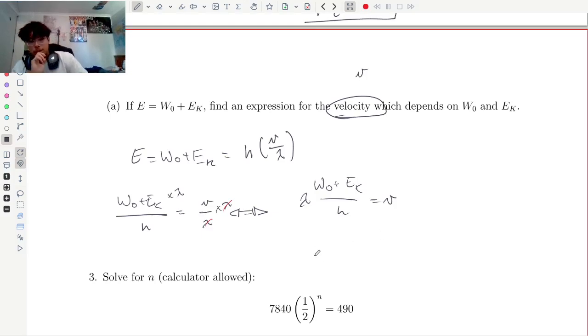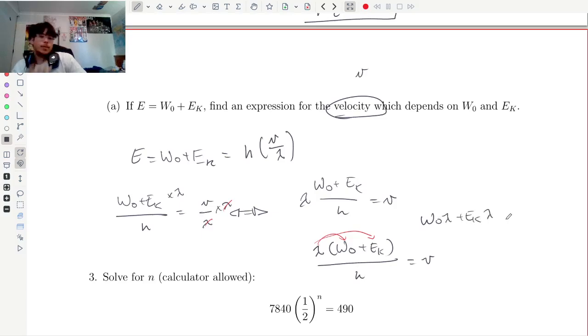Now another way I can write this is lambda times (W naught plus EK) with brackets around it because it's timesing it by everything, or I can distribute it like this, and then I would get something like W naught lambda plus EK lambda. It doesn't really matter as long as you don't write it incorrectly.